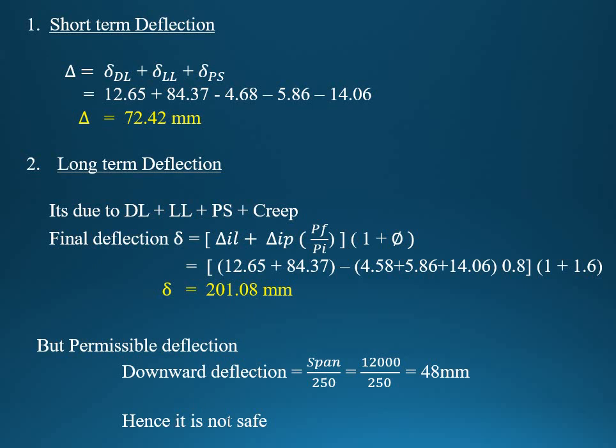So you can write a statement that hence it is not safe. It is always important to check the permissible deflection, so that we will come to know how much deflection we can allow. Okay, hence we can write that the structure is not safe. Hope you have understood this problem. Okay, thank you.